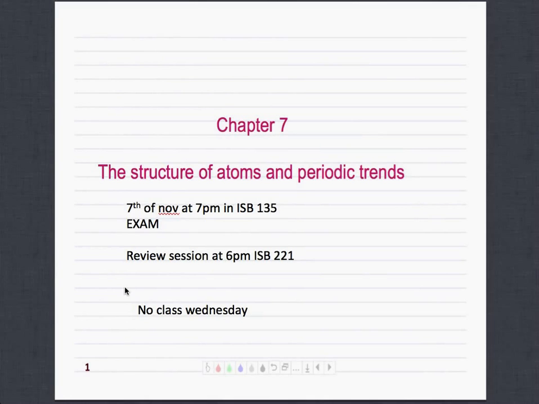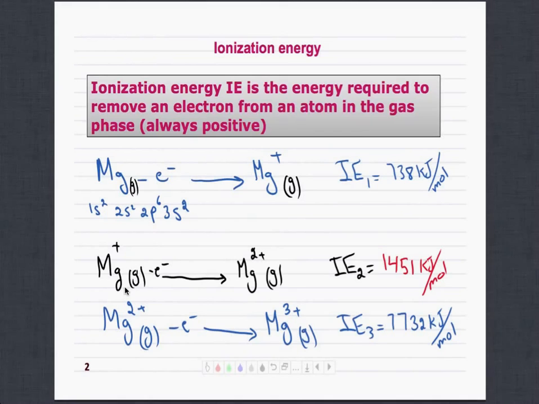So the last time we ended our lecture talking about ionization energy, and we said that ionization energy is the energy required to take an electron out of the atom. And we said that this energy is always positive. That means it is an endothermic process because we need energy to take the electron out of the proton attraction.